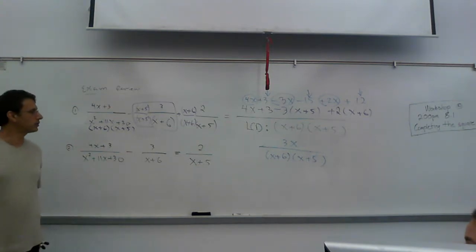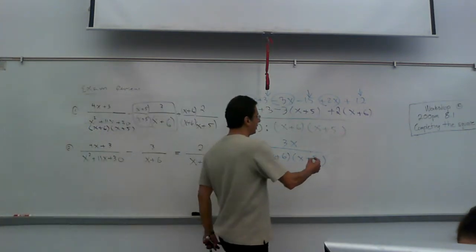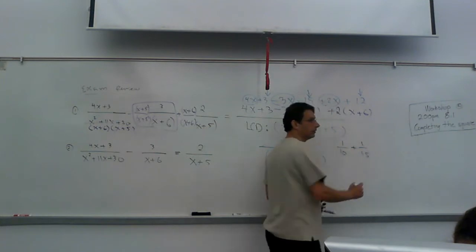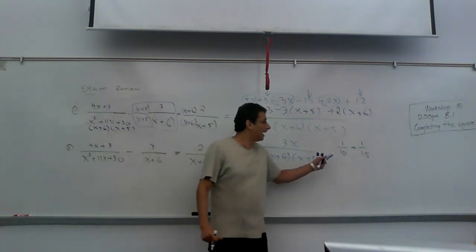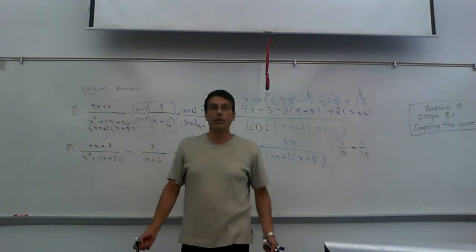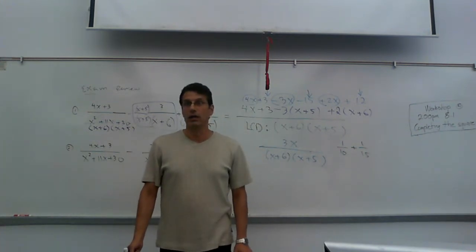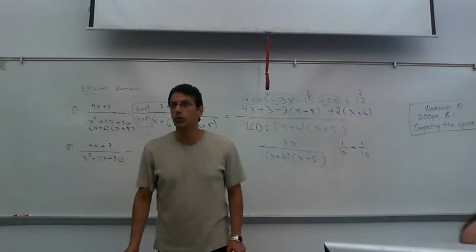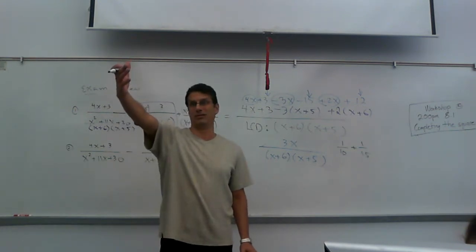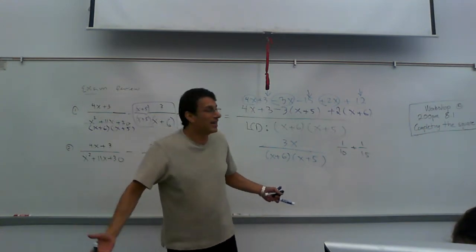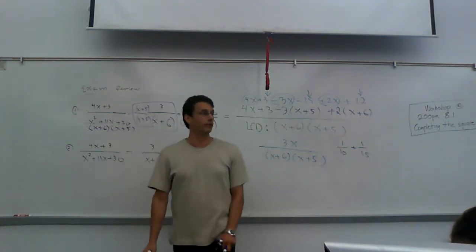Class, just a simple case. If you're looking at 1 over 10 plus 1 over 15, please pay attention. Can I assume 10 times 15 is a common denominator? Yes. Is it a least common denominator? No, and that's what we are looking for. In intermediate algebra, I can't say, okay, I'm going to use 150.